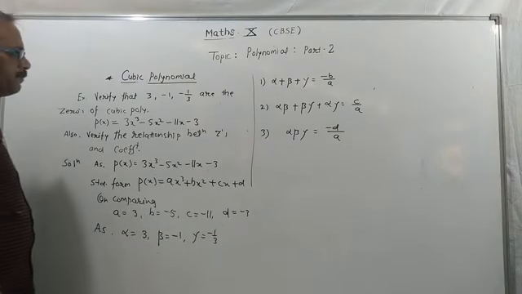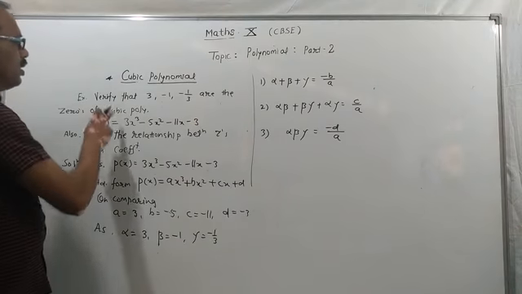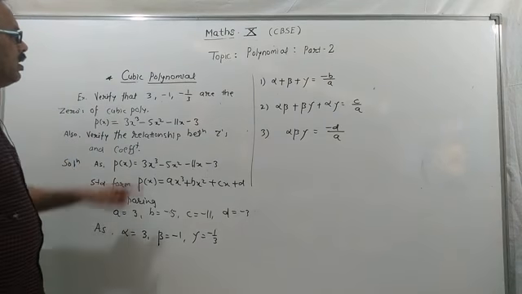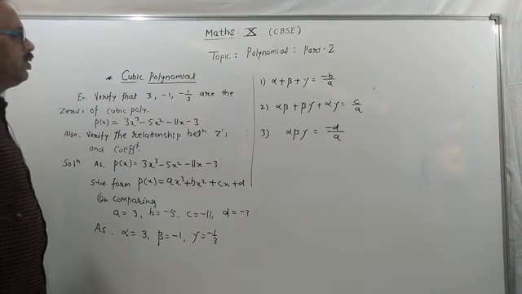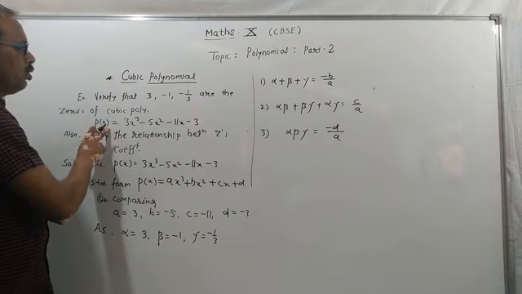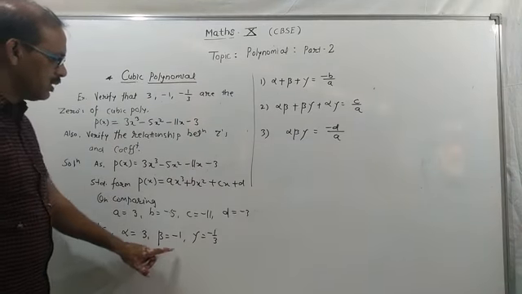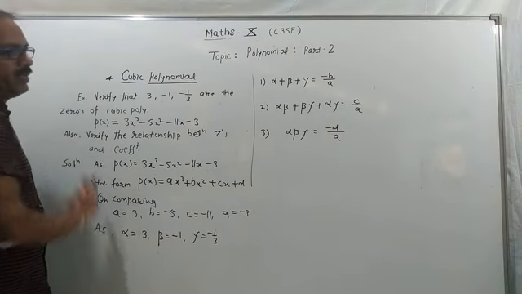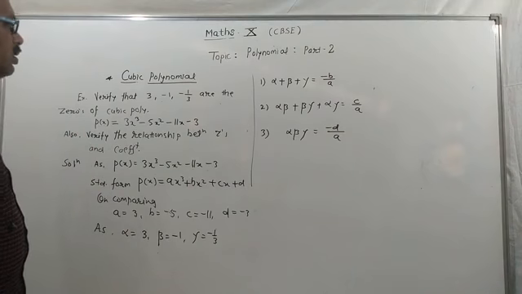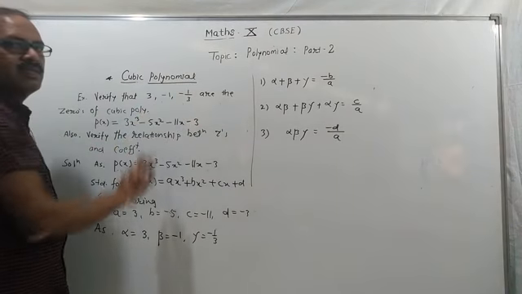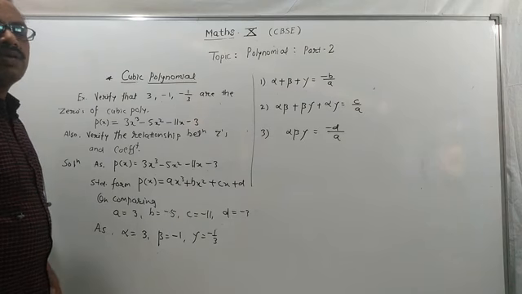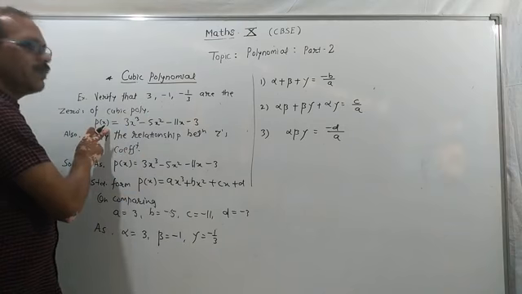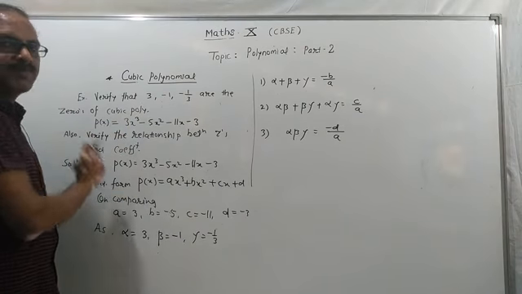Now, we have to verify that these three values, represented by alpha, beta, and gamma, are the zeros of this given polynomial. This is very important. If zeros are given, how can we show these zeros are the zeros of given polynomial?